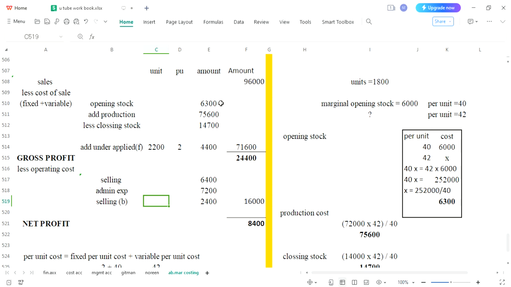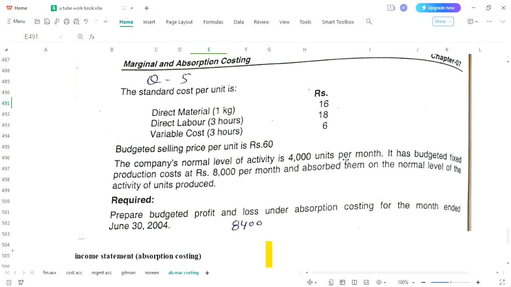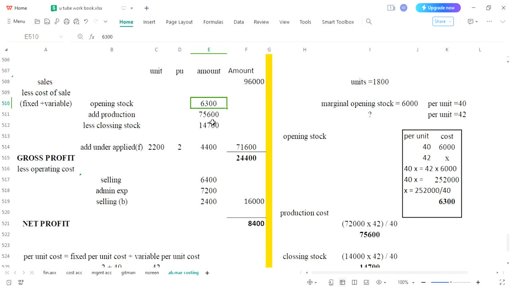These three statements we have changed. I'm requesting you to focus. That's the only thing in this question which is important. We have changed opening, production and closing stock from 6, 72 and 14 to 63, 75 and 14. So these amounts were changed and nothing else we have changed.